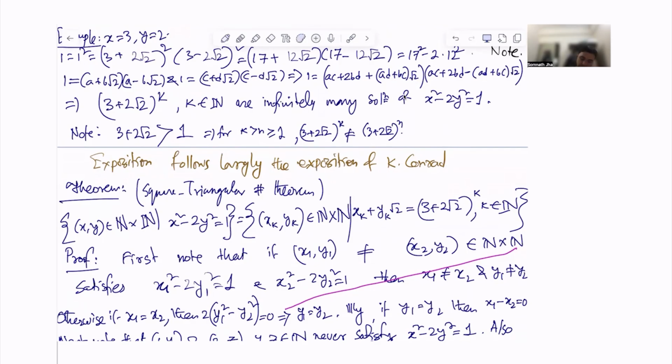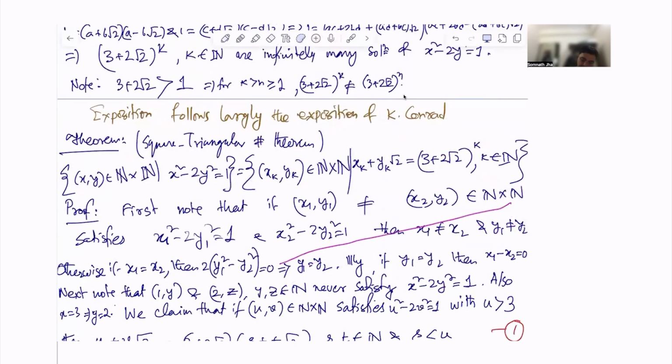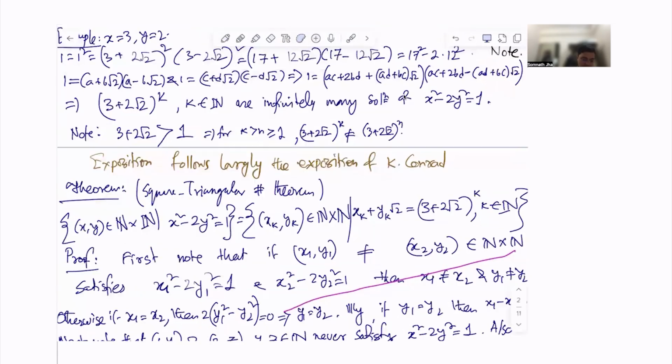So both the solutions are very different. That's what we are saying. And that is because if x1 equal to x2, then 2 into (y1 square minus y2 square) equal to 0. That means y1 equal to plus minus y2. But since they are natural numbers, y1 has to be equal to y2, because otherwise one of them will be negative. We are restricting to positive integer solutions.